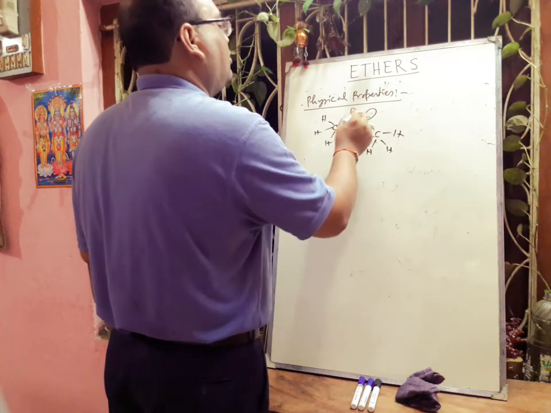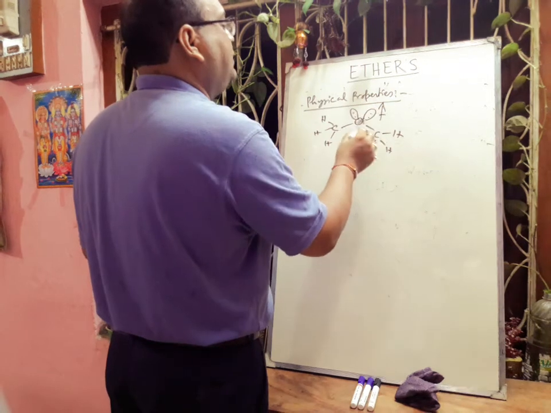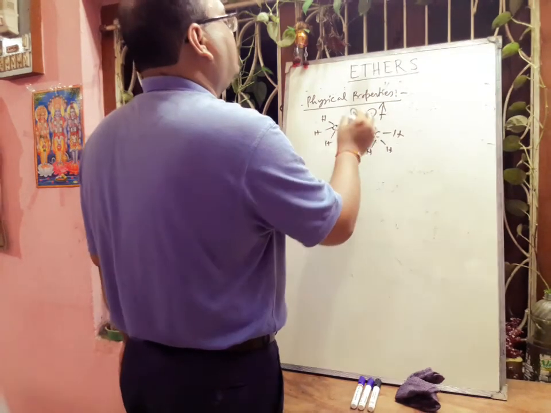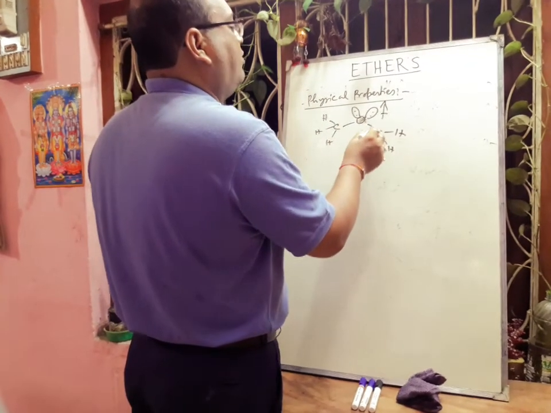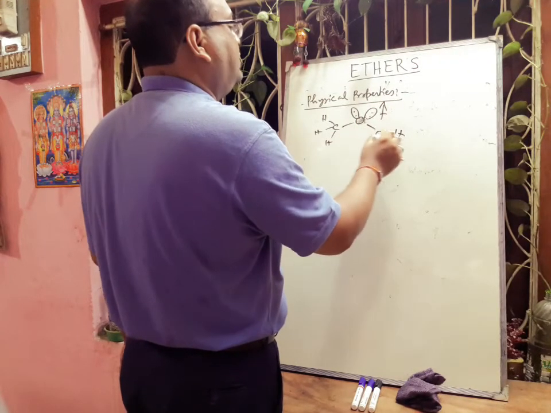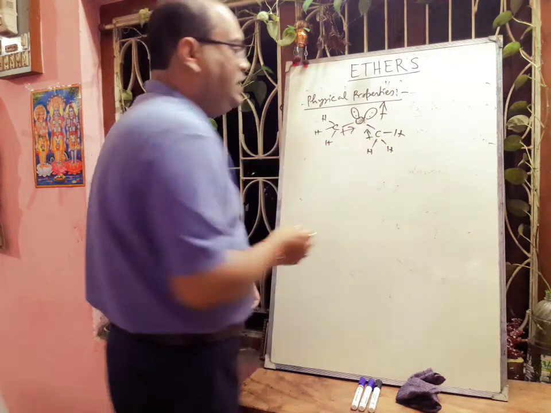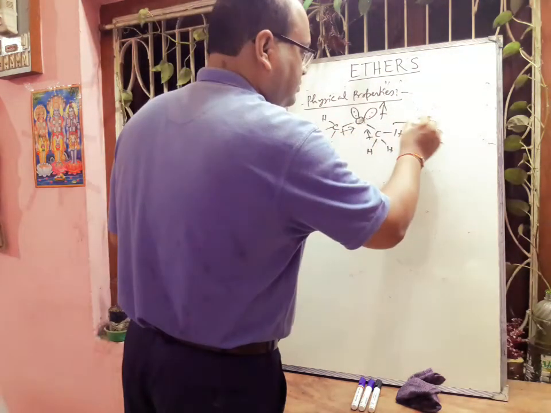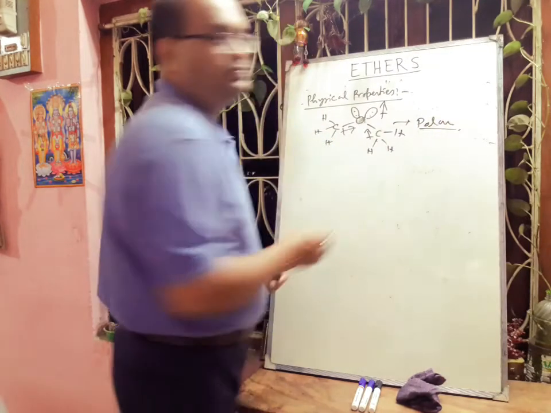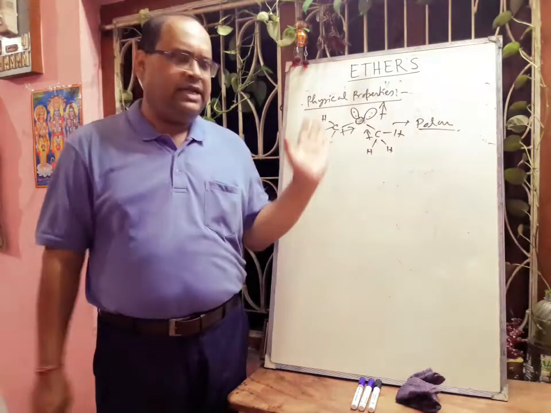So definitely the lone pair moment will be towards this, and the bond moment of this oxygen and carbon will be that side. So definitely it will be a polar compound. And the polarity is weak, not so much polar, but there is some polarity.